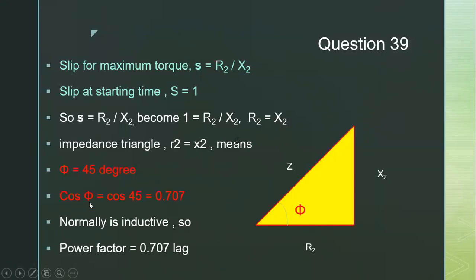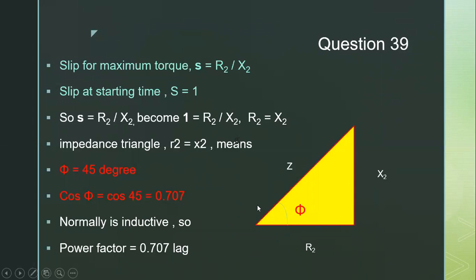So what is our power factor? Power factor is the cos of the angle between R and Z, that is R by Z. This is the power factor angle, so cos phi will be equal to cos 45, which is 1 by root 2, that is 0.707. An induction motor is normally inductive, so the power factor will be 0.707 lag.